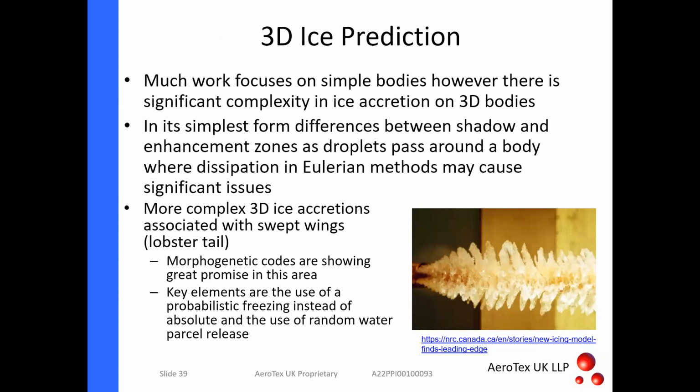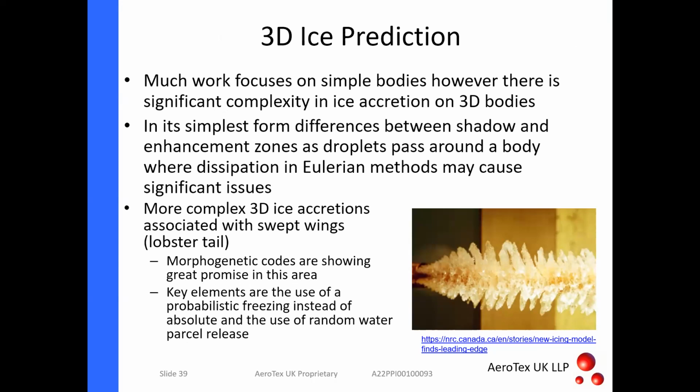A bit on 3D ice accretions. The simple 3D ice accretion is where the droplets go around an aircraft, but there are also issues to do with swept components. The picture on the right-hand side is a swept wing, and you get this sort of lobster tail ice.